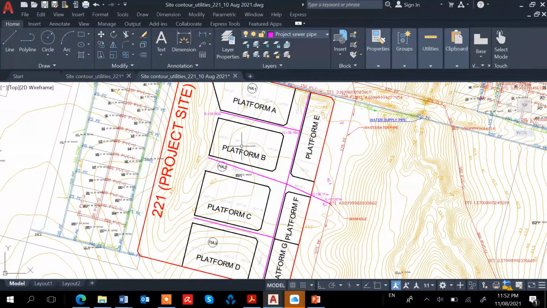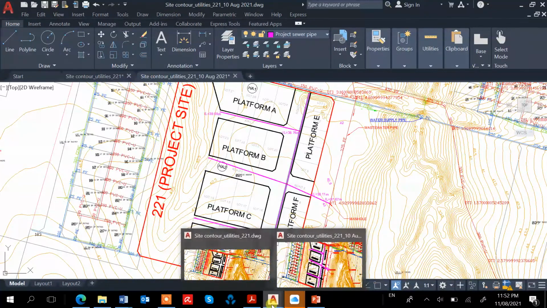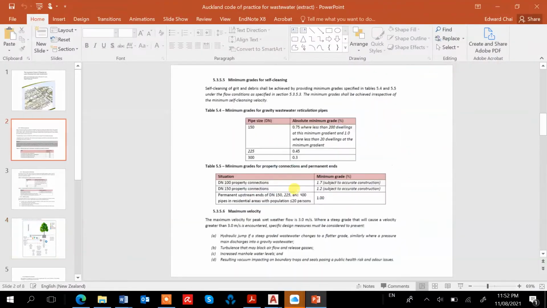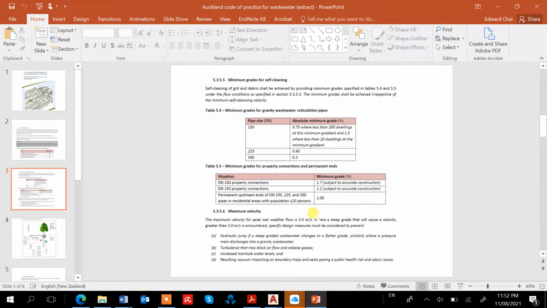It is about one in 1.2%. Okay, so the drop of the sewer line. Let's say we use the N150 150 for property connection. So the minimum grade needs to be 1.2%. Okay, 1.2%, which is, let me see, I'll just draw it out.